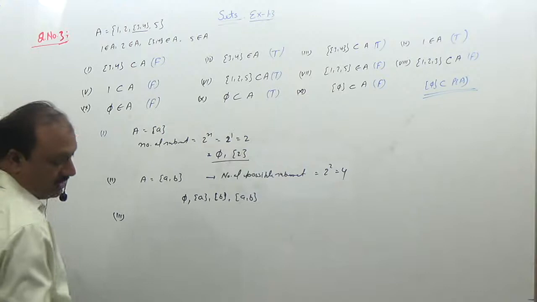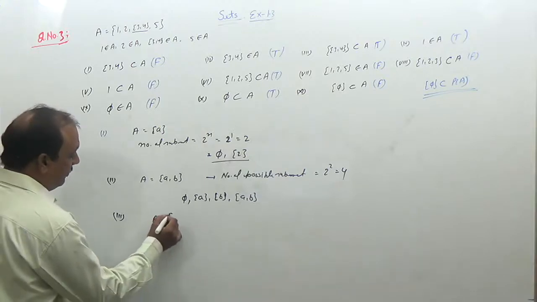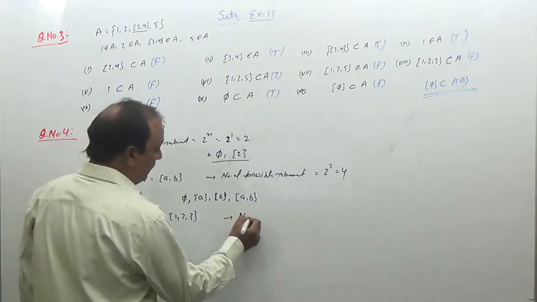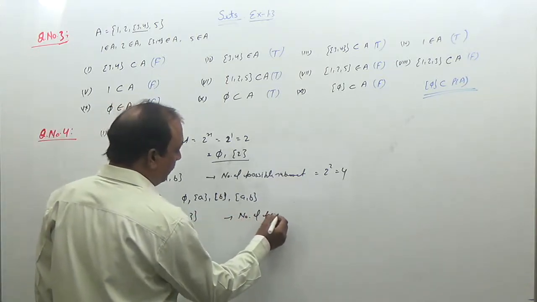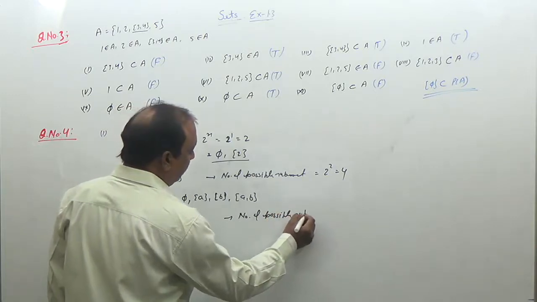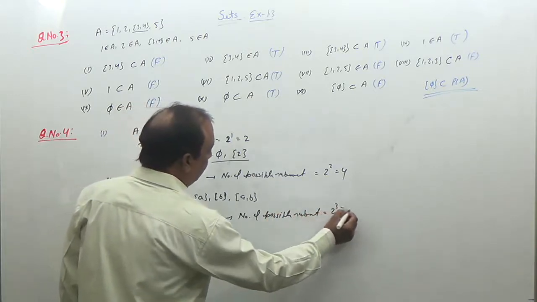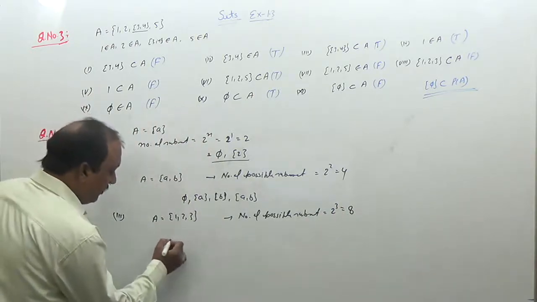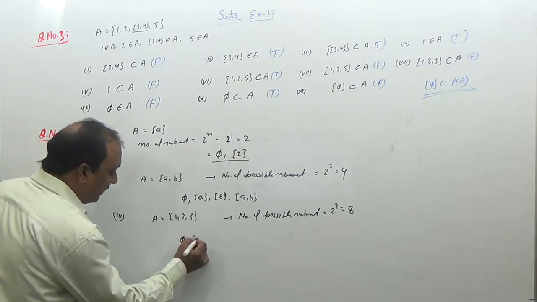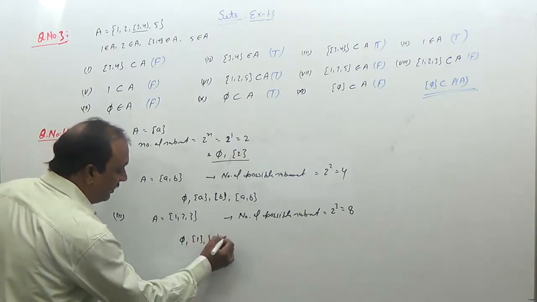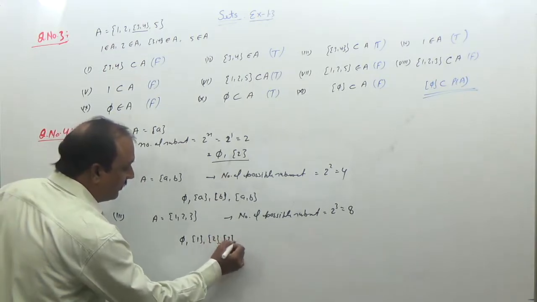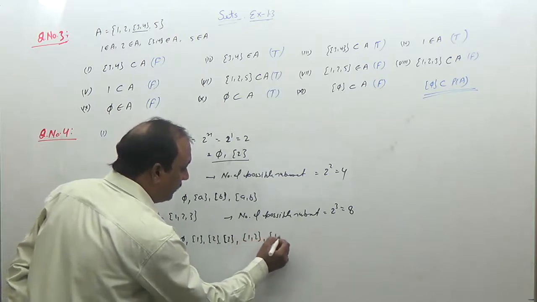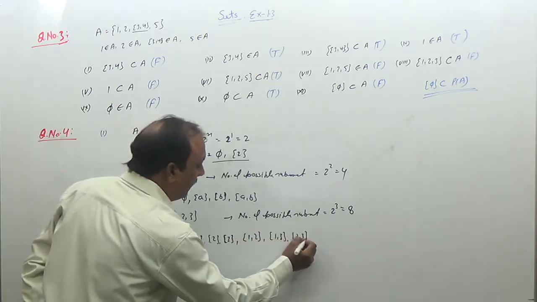Third is, there is a set of elements 1, 2, 3. First of all, find the number of possible subsets. 2 raised to the power 3 is equal to 8. So here there will be 8 possible subsets. First is the empty set. The next sets are made by taking one element each: 1, 2 and 3. Next, taking 2 elements, make sets: 1, 2; 1, 3; and 2, 3.